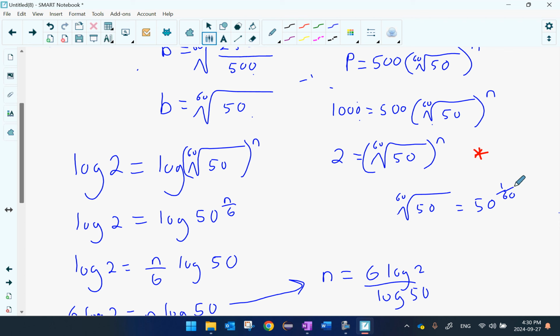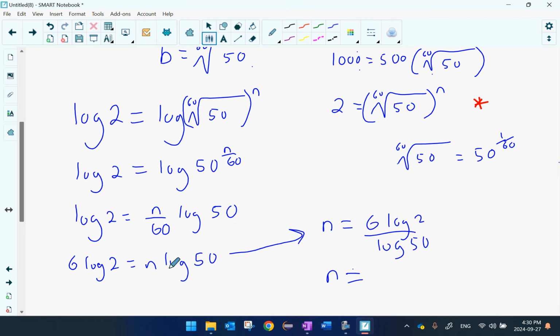So when I get here, this needs to be divided by 60. The 60th root of 50 is 50 to the power of 1 over 60. So that makes this a 60, and then we're going to multiply by 60, not by 6. Sorry about that. By 60. And that hopefully gives me a better answer, because my answer wasn't making any sense, and probably you were confused as well.